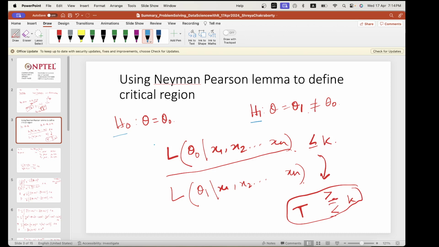Then if I have to prove my suspicion, I have to show that the likelihood of the average lifetime being 3 months is less than the likelihood of the average lifetime being 2 months, because we are rejecting, always remember, we are rejecting null in favor of the alternate hypothesis.